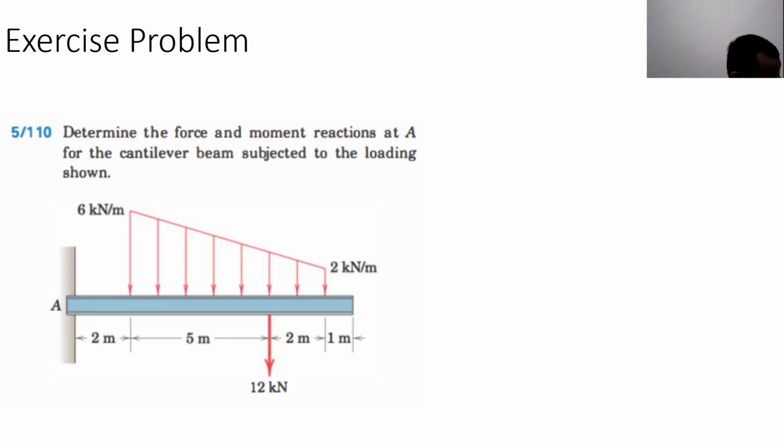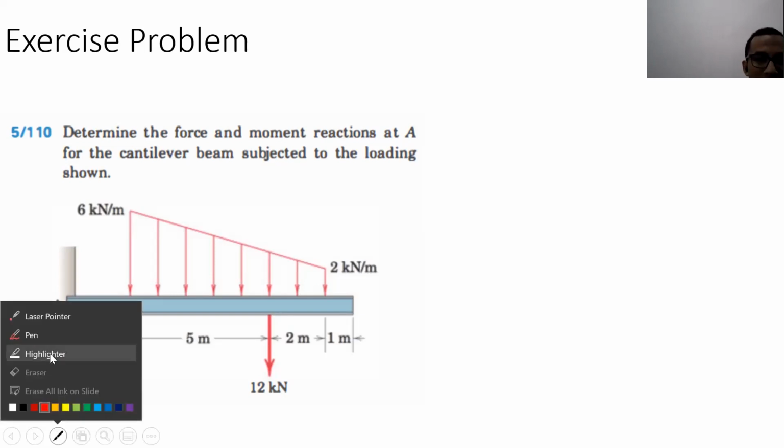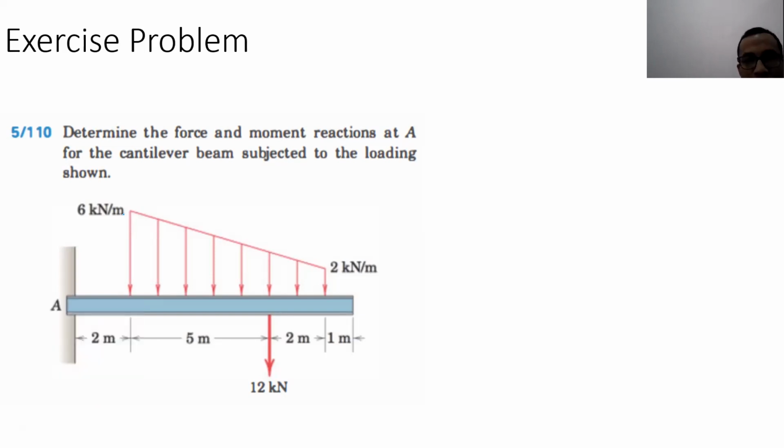Sir, we need to determine the R first. But what do you think about the shape? Is it a combination of two shapes or just one shape? I think it's a combination of two shapes, sir. It's correct.